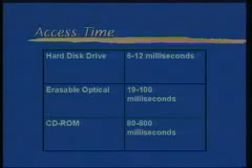The access times which I am trying to define are also shown in the slide. That is, hard disk drives show an access time of 6 to 12 milliseconds, and that consists of both seek and latency. Erasable optical disks show even higher times, in the vicinity of 19 to 100 milliseconds. CD-ROMs show 80 to 800 milliseconds.